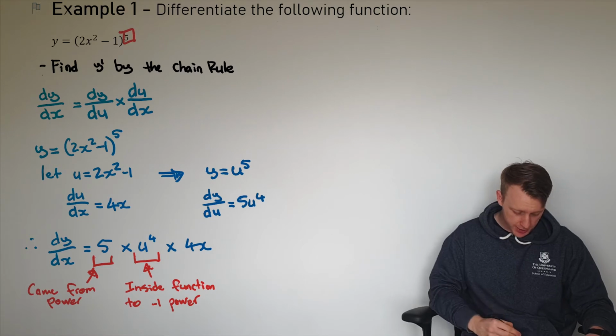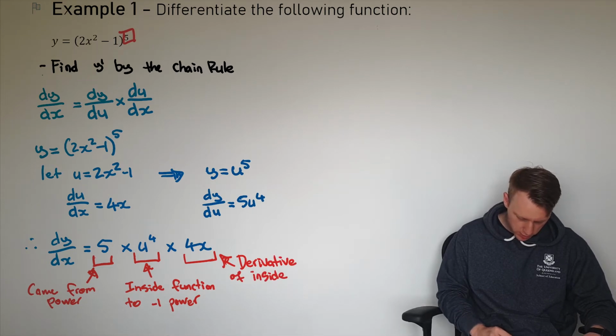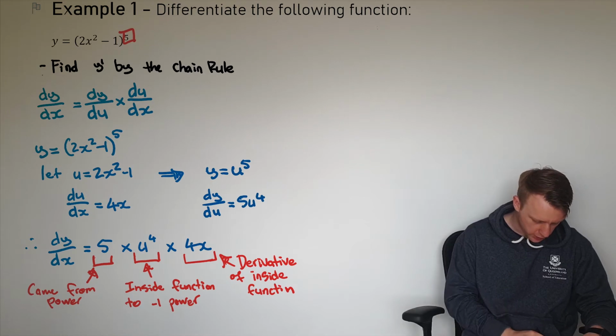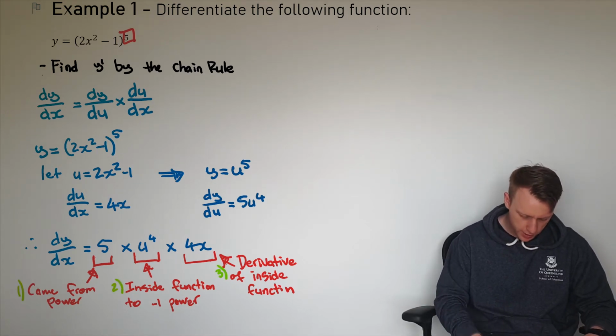And then we've got a third section over here, which is just the derivative of the inside function. So it's chunked up into three sections: section number 1, section number 2, section number 3.